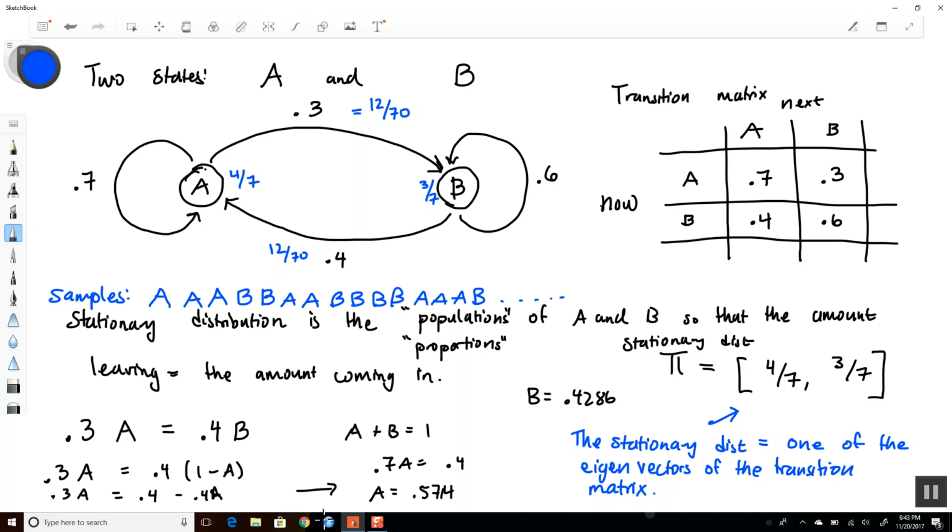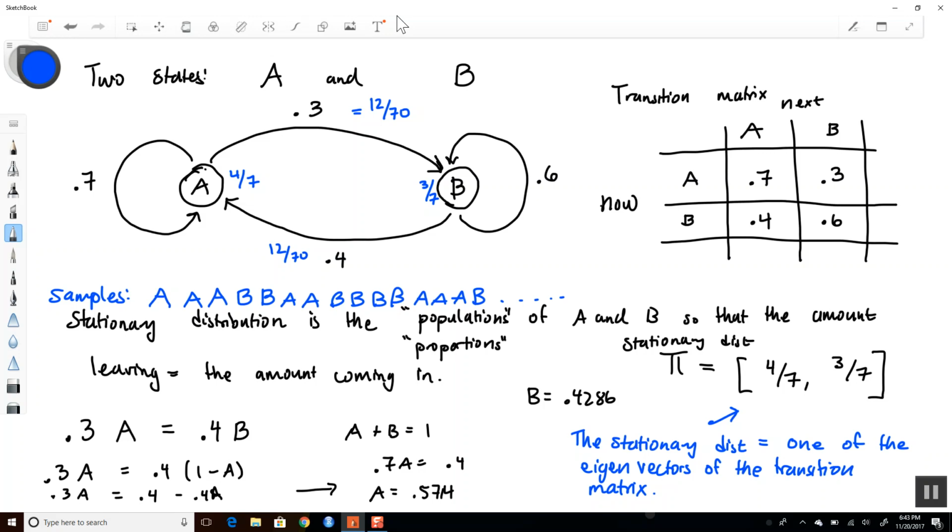And then after many, many iterations of transitioning, you can get an approximation of the stationary distribution as well. And that's just one chain there.